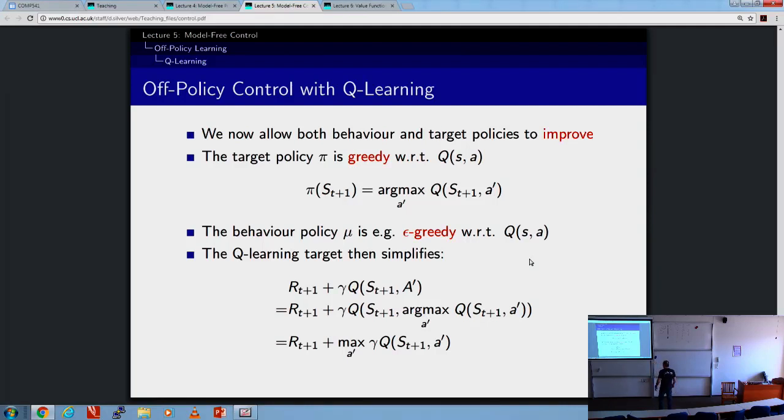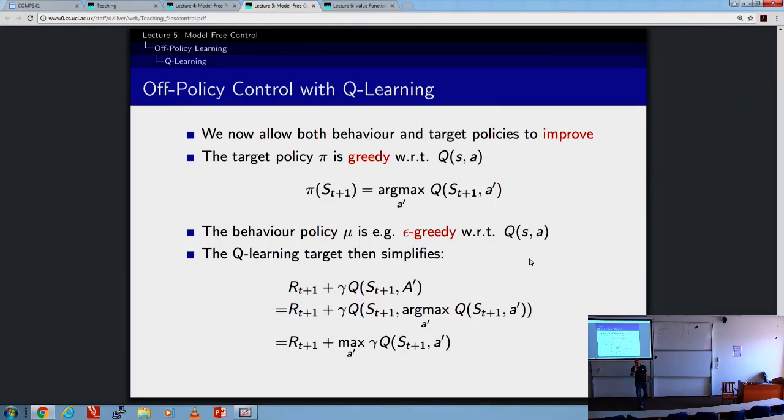Okay? So, the Q learning target, in other words, is R_{t+1}, my immediate reward, plus whatever the maximum Q value action is from this point, even when I don't choose this action because of the epsilon in the epsilon greedy. That's it. Okay? So every time I take a step, I make this update.